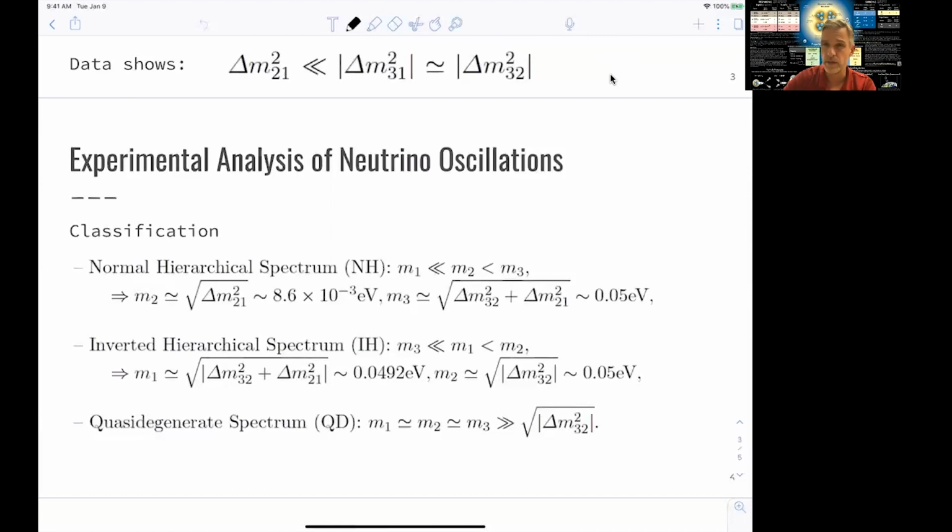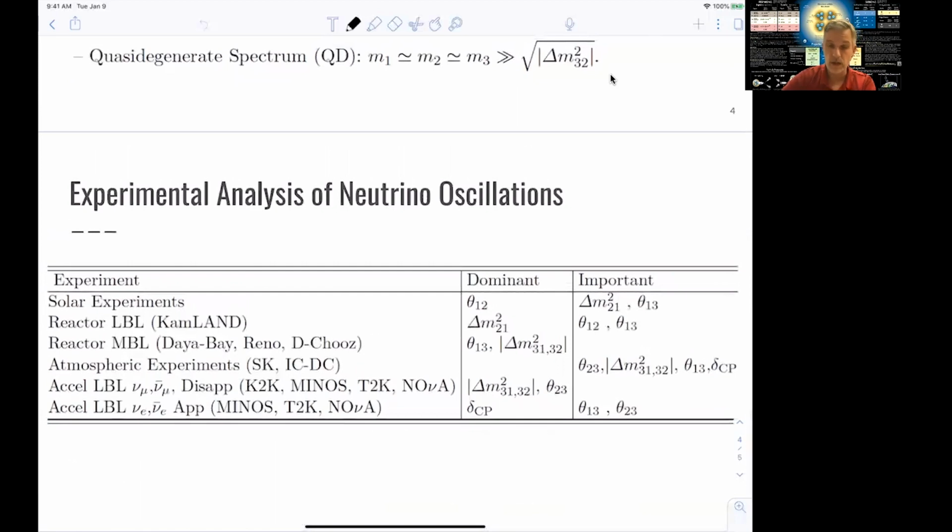So really small masses. For the inverted spectrum, the story is slightly different. Here we find that M1 is about 0.05 electron volts, which is similar to the square root of the mass splitting between 3 and 2, which is also 0.05 electron volts.